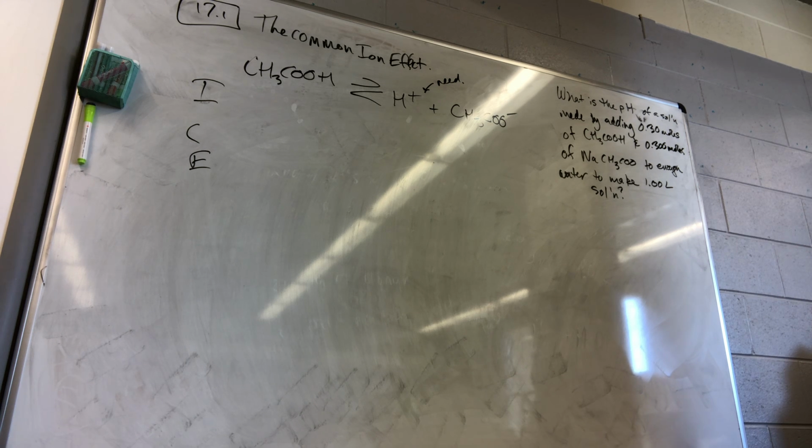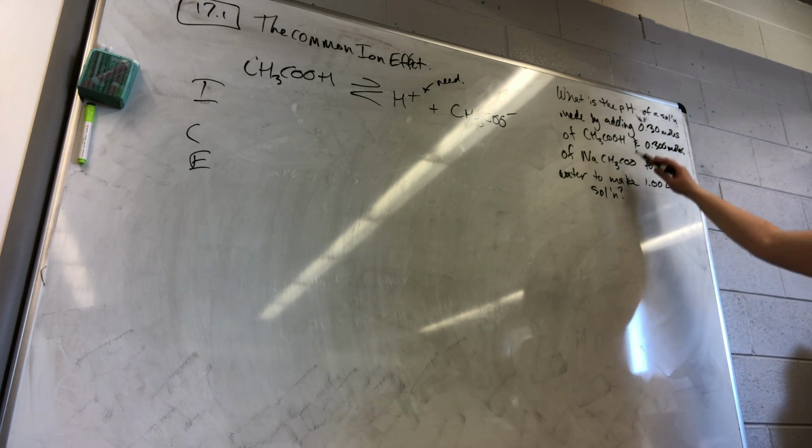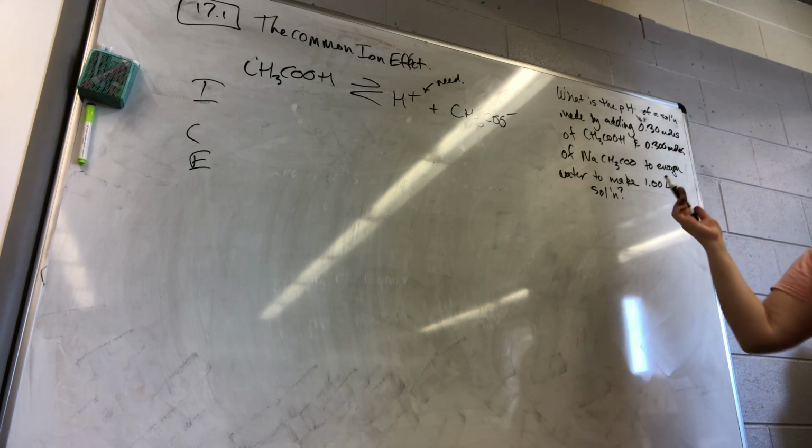First thing you have to recognize is you were given the acid concentration. You were given the acetic acid was 0.3 moles in 1 liter, so what's the molarity?